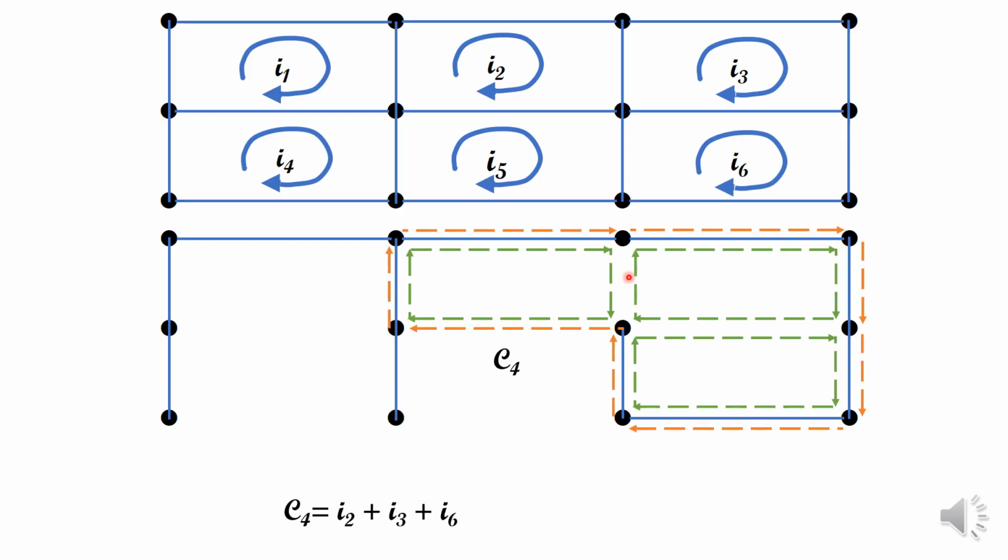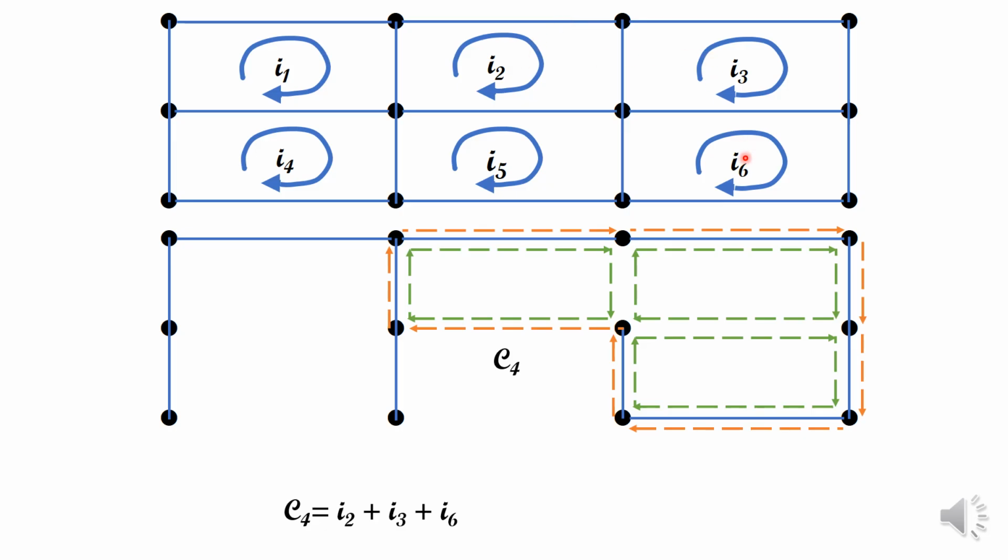So overall what you'll have is nothing here, but you'll have an X flowing around the perimeter here, which is equal to X flowing around C4. So any X flowing around cycle C4 can be expressed as X units flowing around I2, I3, and I6.